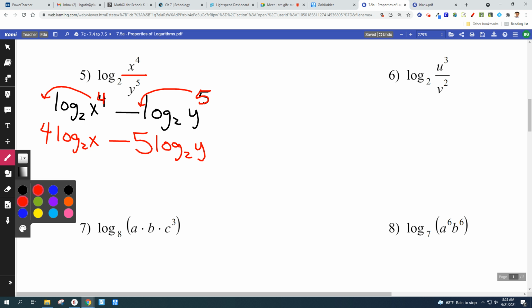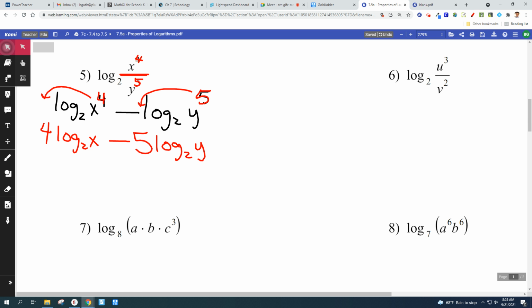I should have said log base 2 of x. Now, do you think it's possible to skip that black step and go straight to the red step? If you are able to do that, go for it. I would. I think you can do this in one step if you understand that that exponent 4 on the top is just going to go around to the front, and that exponent 5 is just going to go around to the front, and the division turns into subtraction.